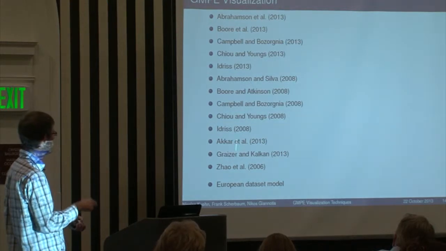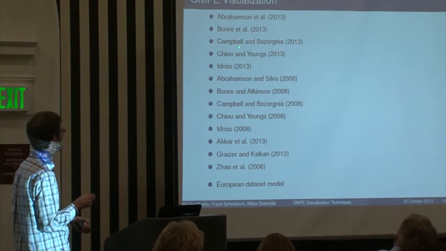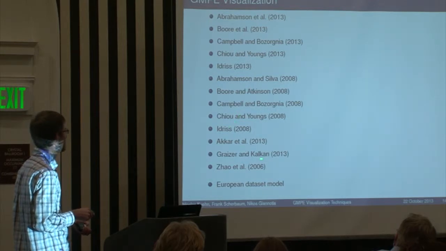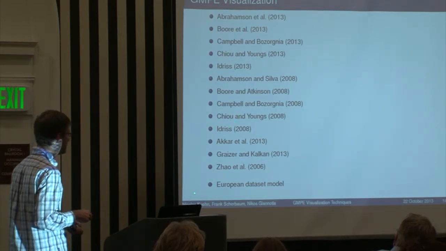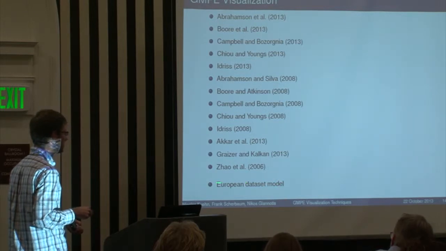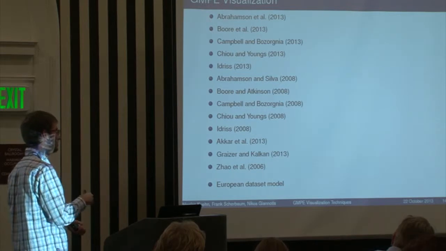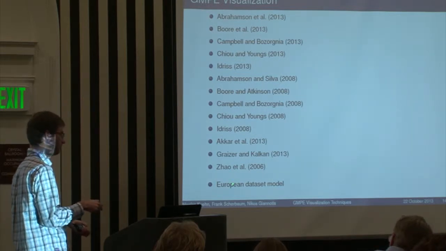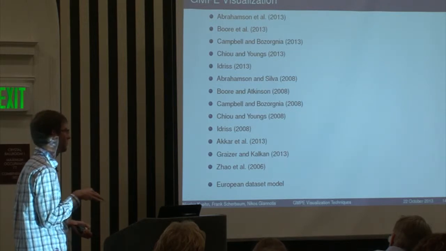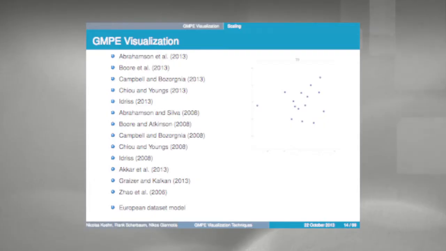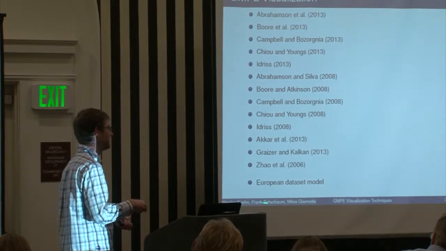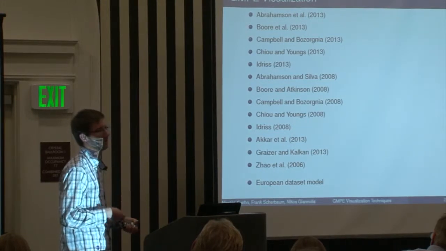These are the models: 14 models, 5 new NGA, 5 old NGA, Akkar et al., Raghunandan and Kalkan, and Zhao et al. There's one model based on the European dataset, which I included because, well, it's not a very good model and I don't suggest you use it, but in this case I fitted it myself, which means I can track all the uncertainties in the parameters, so that I can plot the uncertainty of this particular model also on the map.